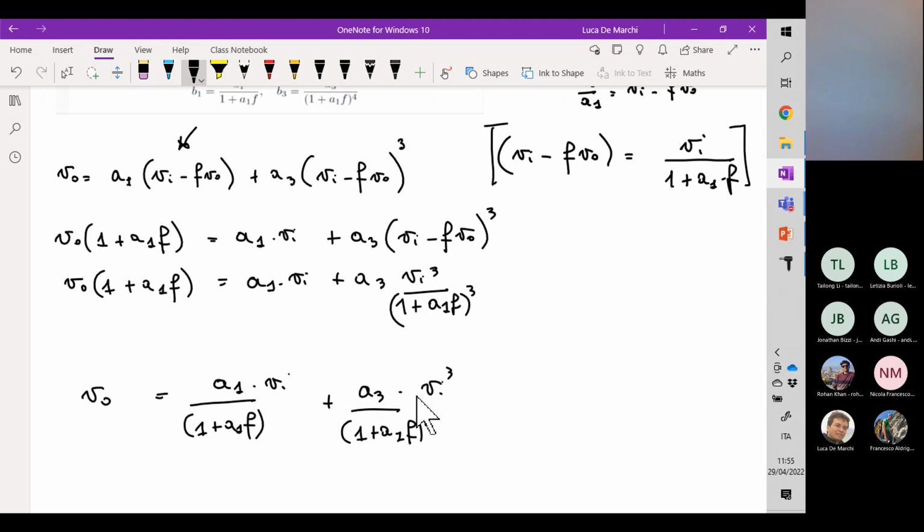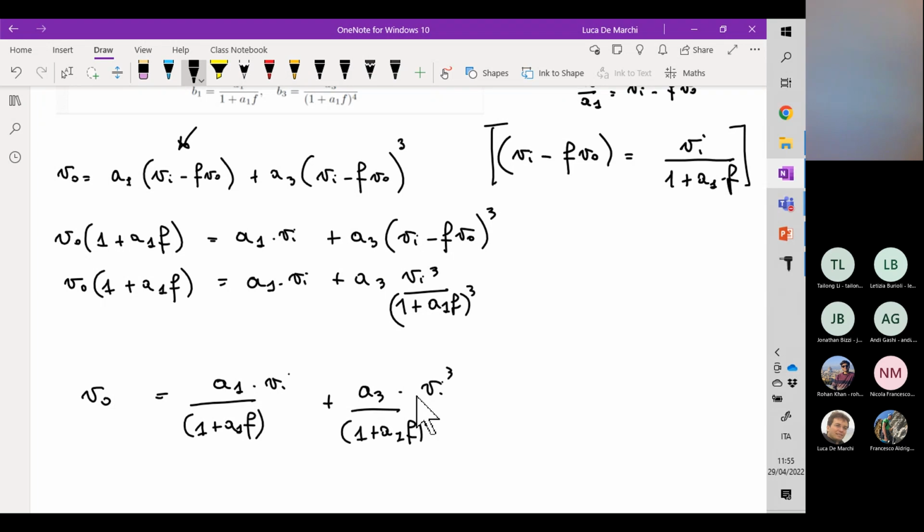So if you replace this A of S with this first order transfer function, what you get is this global formula here. From this formula, it is evident that the DC gain is changed as expected. The DC gain change is the one that we have discussed multiple times: A0 divided by 1 plus A0 times F. If this is much larger than the unity, this quantity is more or less 1 over F.